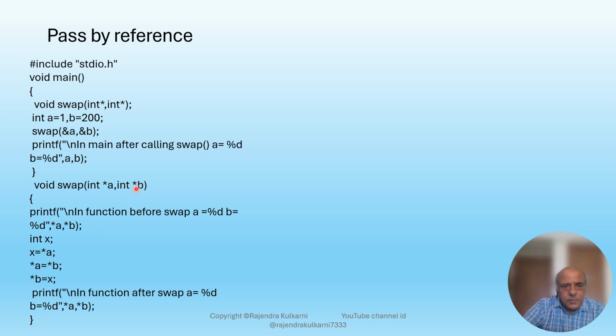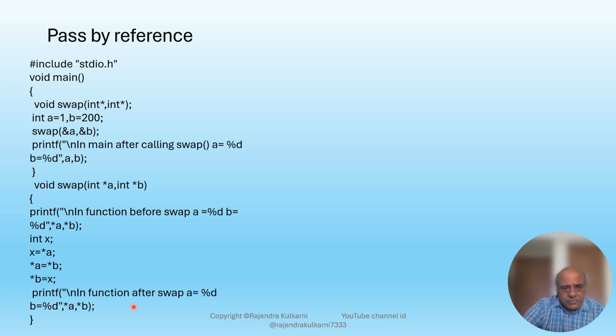So simply, a is equal to 1, which we have declared in the main. So x will be equal to 1, a will be equal to 200 and b will be equal to x, which is 1.